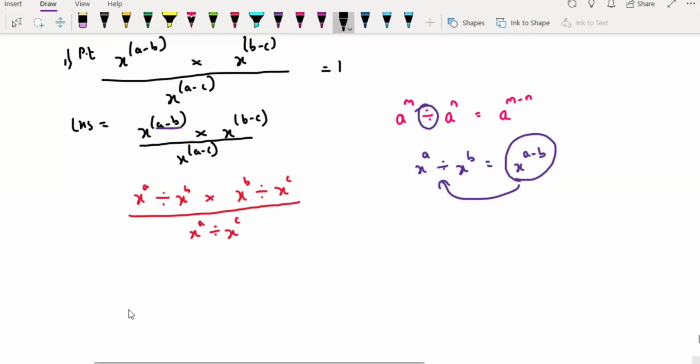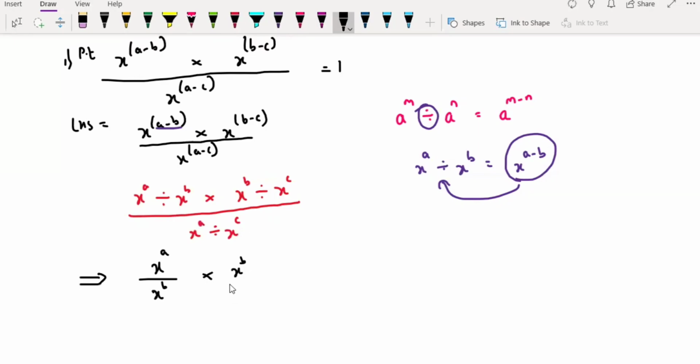Now the numerator, which is in the form of a division, we can write as x to the power of a divided by x to the power of b. This could be the first step, but just for your information I wrote it in the form of a law. You could also have written directly from this step x to the power of b.